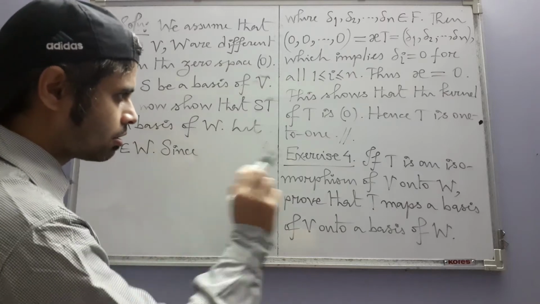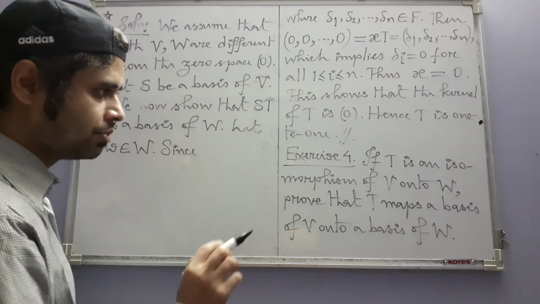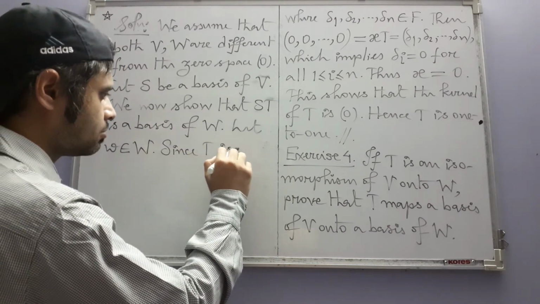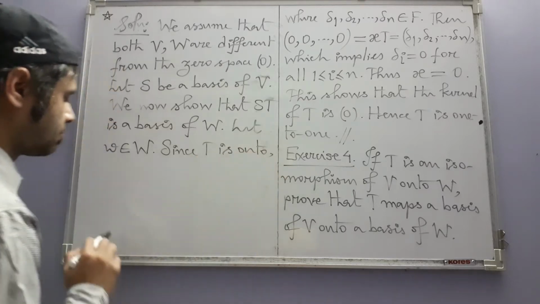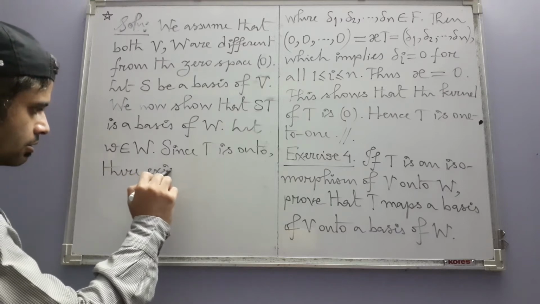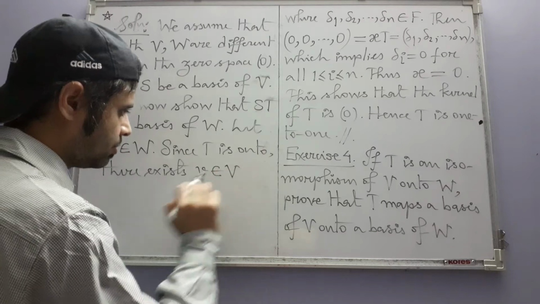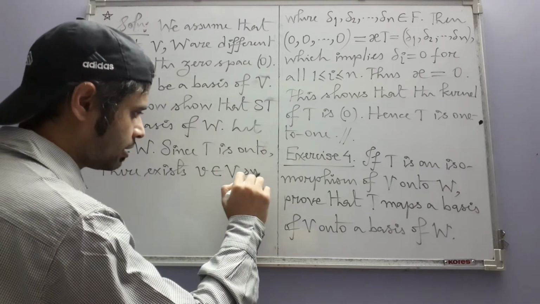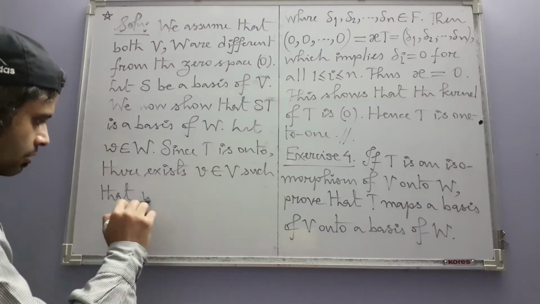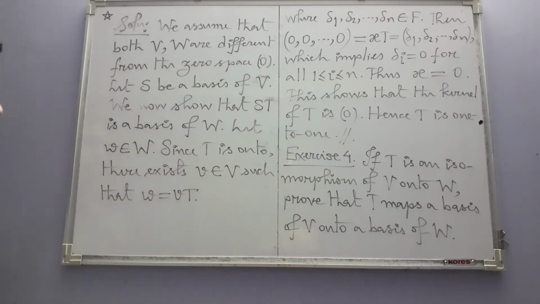Since the original T, the function, is an isomorphism of V onto W, it is onto. So since T is onto, there exists some v belonging to the domain such that w is equal to the T image of v.